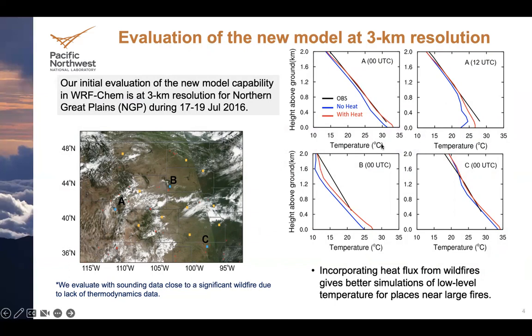What we found is that after incorporating the heat flux parameterization, it gives a better simulation of the low-level temperature for places near those large fires.